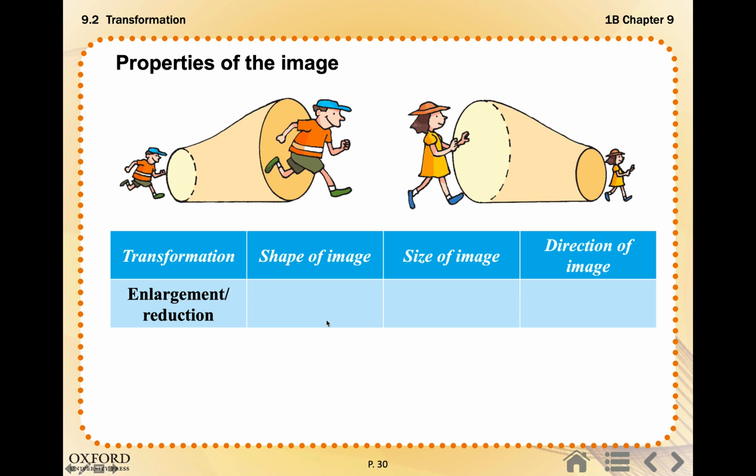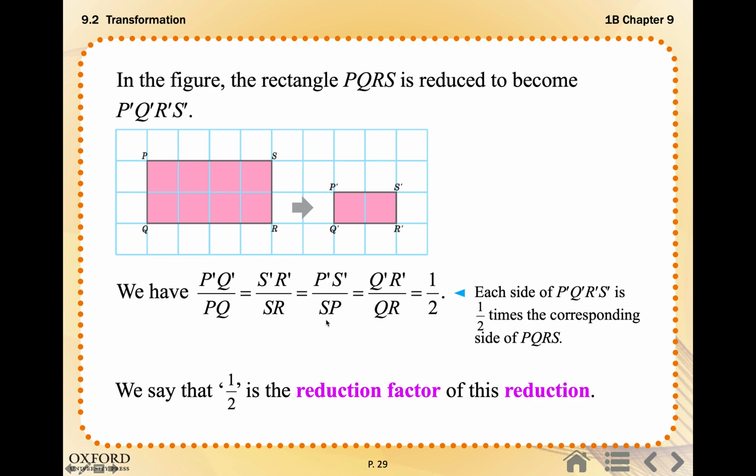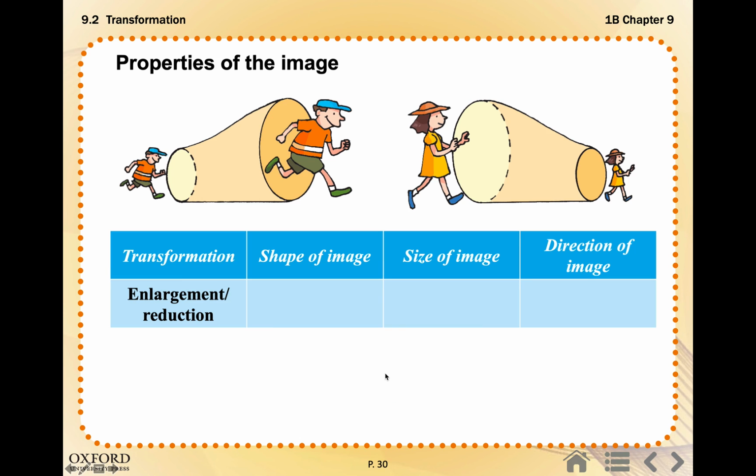So in the enlargement or reduction, you have to learn about how to calculate the enlargement factor and the reduction factor. And then there are some points to note about the enlargement and reduction. The shape of the image should be the same, okay?